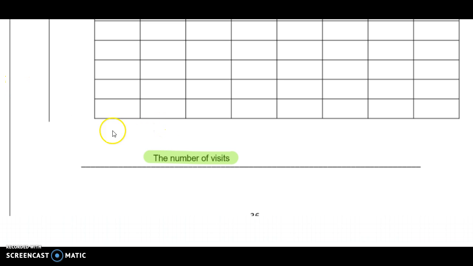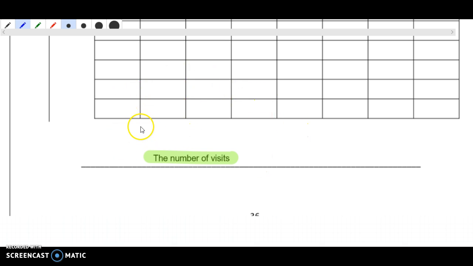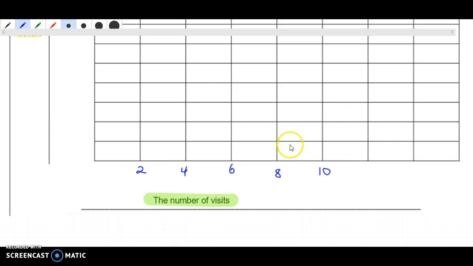Let's go by 2. So this is what I'm talking about, scale. You're going to have to sort of decide what number to go by. So we're going to go by 2. Okay, so that's 2, 4, 6, 8, and 10. Okay, so that is fine. We're using more than 50% of our graph. You want to use about 80 to 90% of your graph.